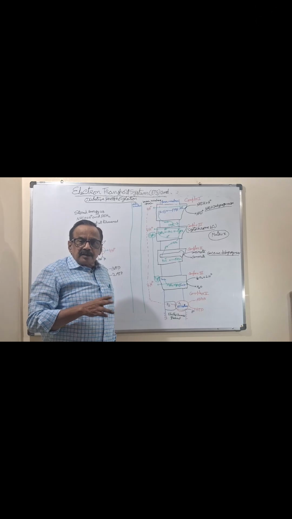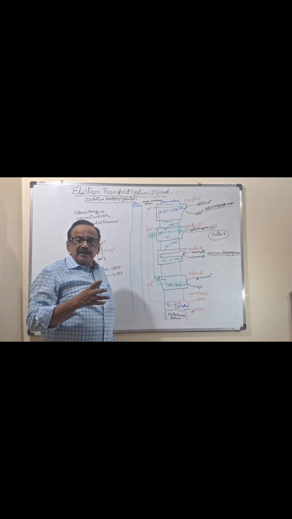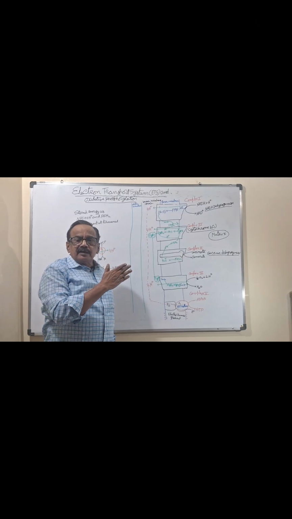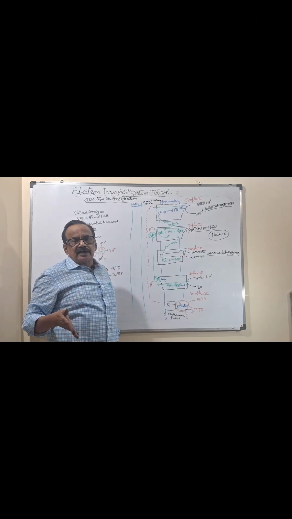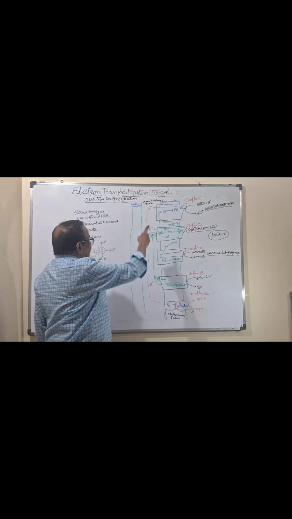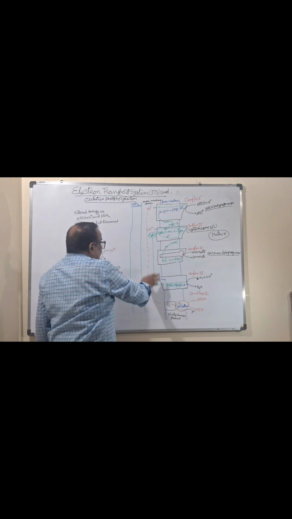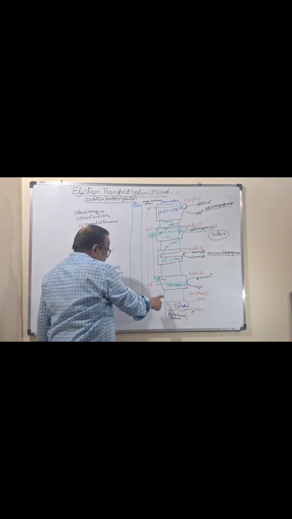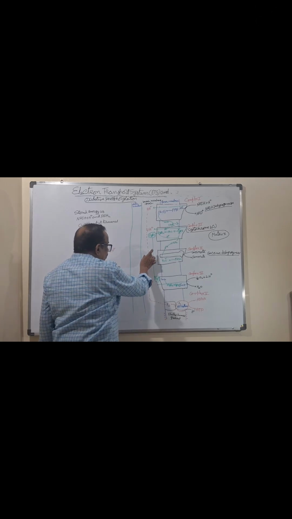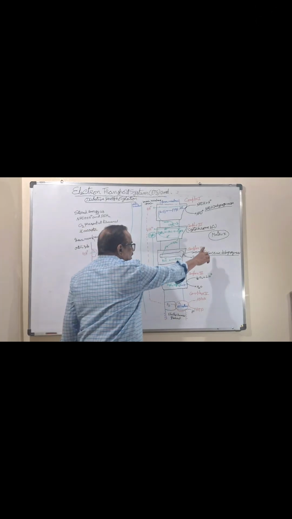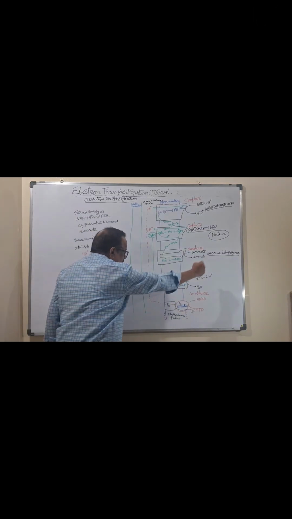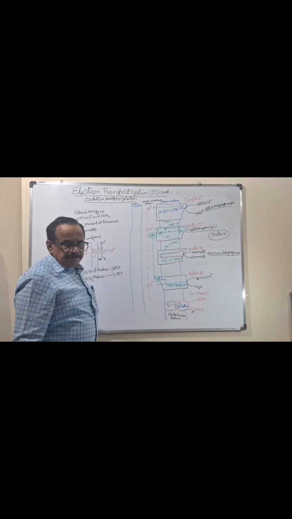Just as the proton gradient is formed in the thylakoid from the lumen to the outside stroma, here the proton gradient is formed in the inner membrane space, and that is the electrochemical gradient. It will be higher in the inner membrane space than in the matrix, so the protons have to move by diffusion.